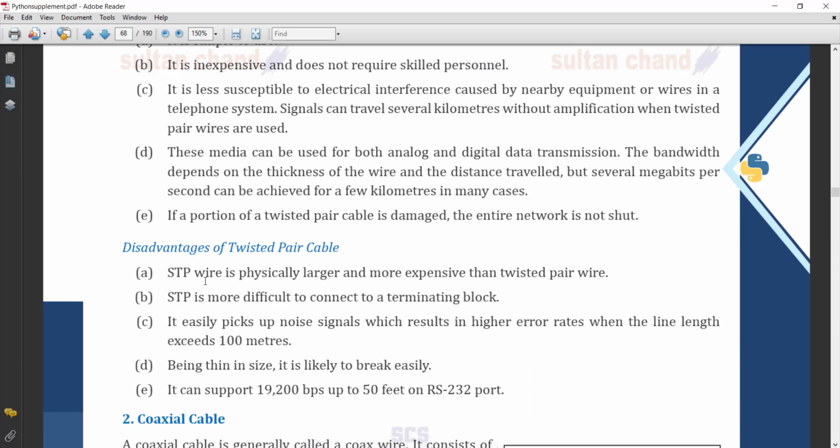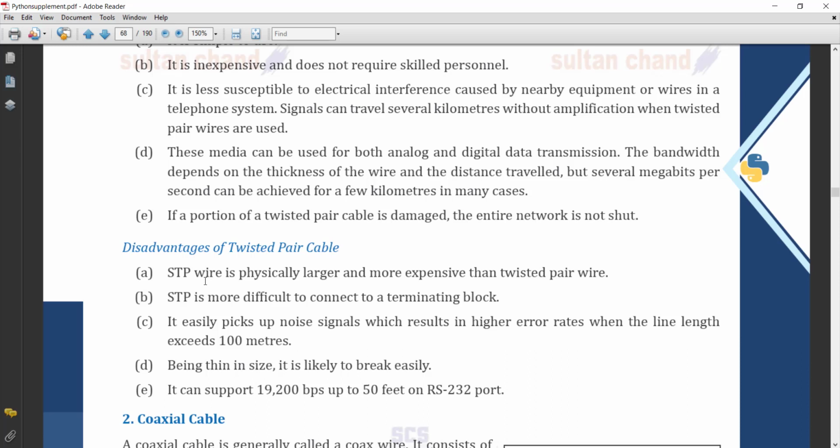What is attenuation? It is the interference when signals are transmitted from one device to another. Some errors may occur because of noise and other things. That is called attenuation. So it is because of high attenuation.